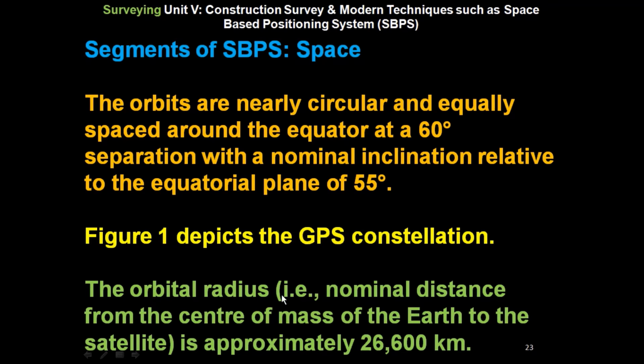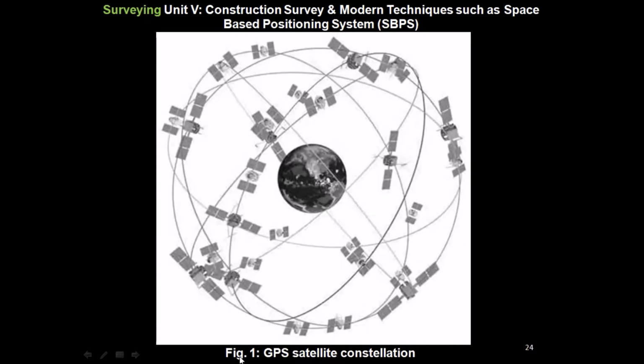The orbital radius, that is nominal distance from the center of the mass of the Earth to the satellite, is approximately 26,600 km. So here we can see figure 1, the GPS satellite constellation. Here we can see the first, second, third, fourth, fifth and sixth orbits surrounding the Earth.